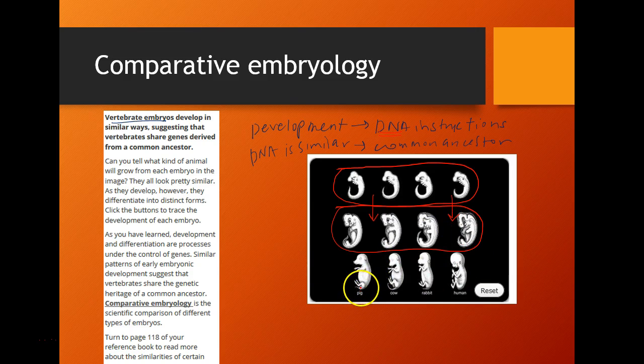These are embryos of very different organisms like a pig, a cow, a rabbit, and a human being. In the end, they look very different, but the beginning stages do look very similar, which suggests that they have similar DNA instructions pointing to a common ancestor.